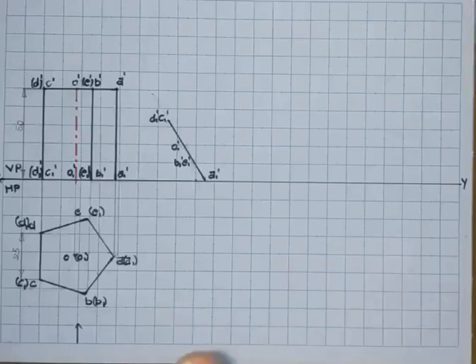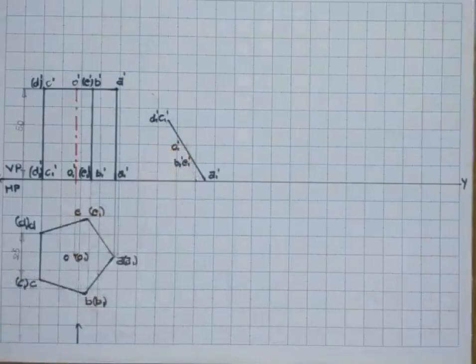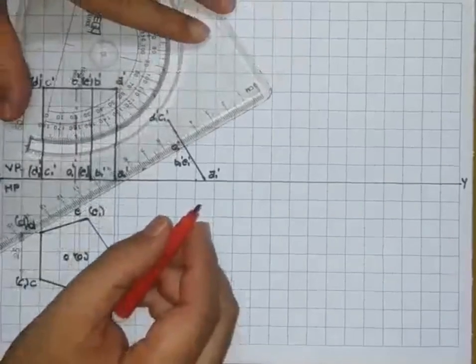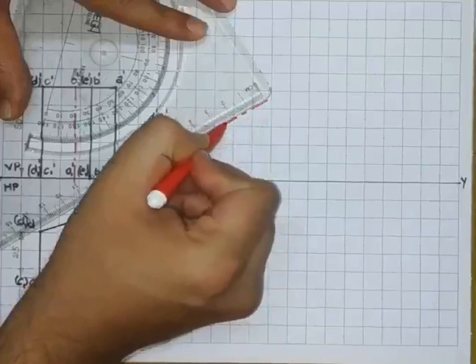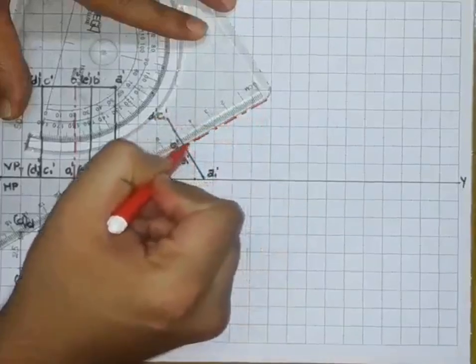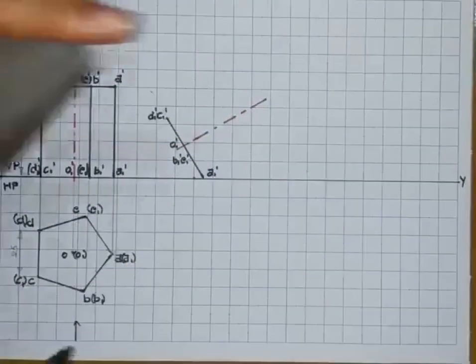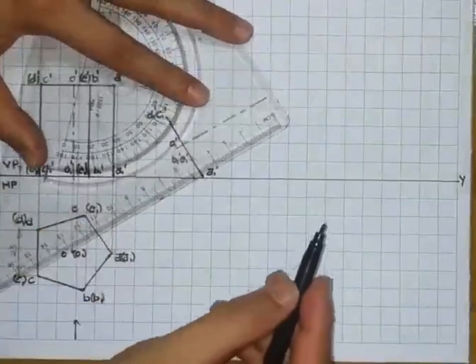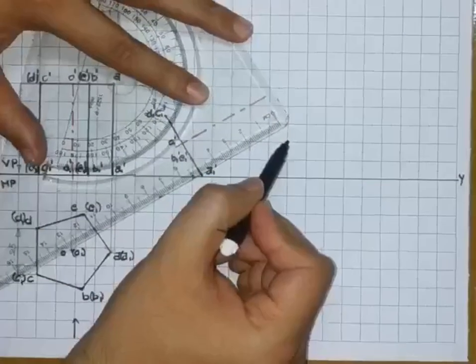So I started drawing the base. Since the axis inclination is 30 degrees, I have taken the base inclination as 60 degrees. Now I am going to draw the axis. It is 50 millimeter, and it should be exactly perpendicular. While drawing this view, axis and base should be perpendicular to each other, and then draw the remaining edges A2, A1, and all these should be perpendicular to each other.